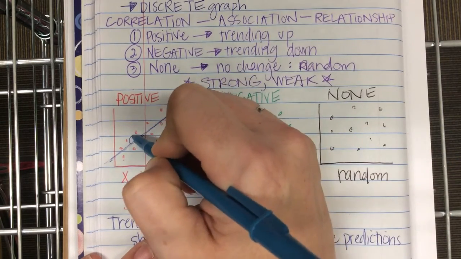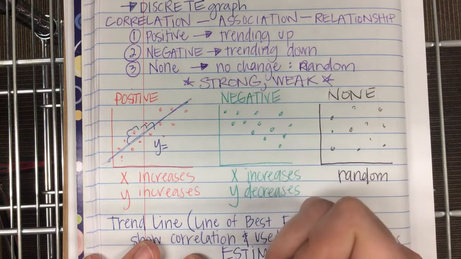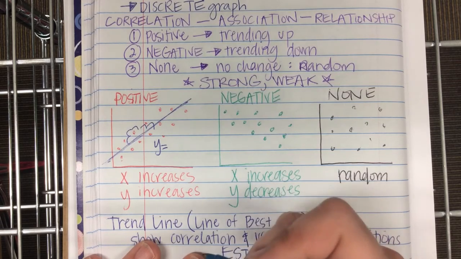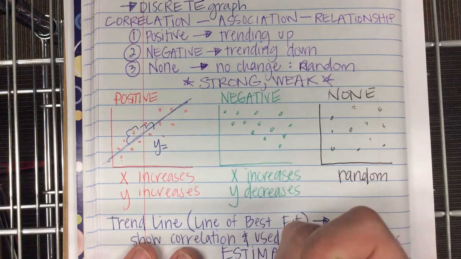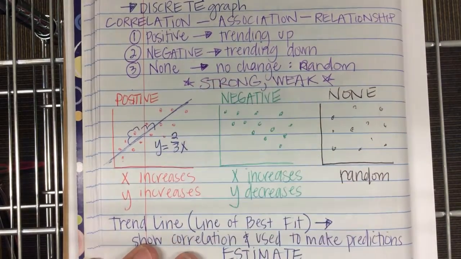So we're estimating here. y equals, because I don't have any numbers, let's say I go up 1, 2, and over 1, 2, 3. Again, yours are going to be easier because you're going to have actual grids to count. So my slope is 2/3 x.